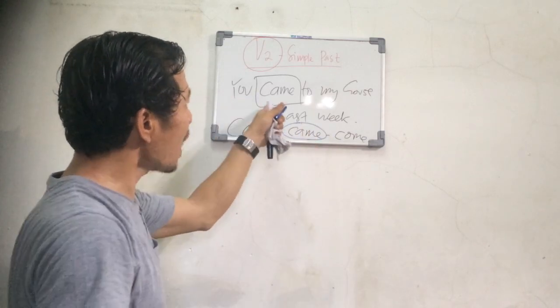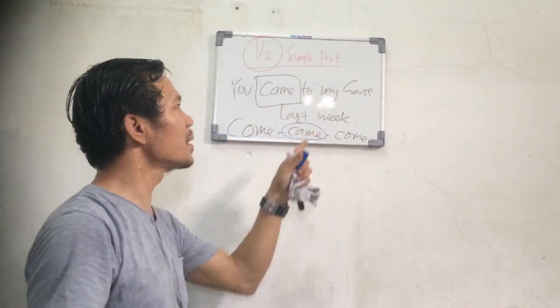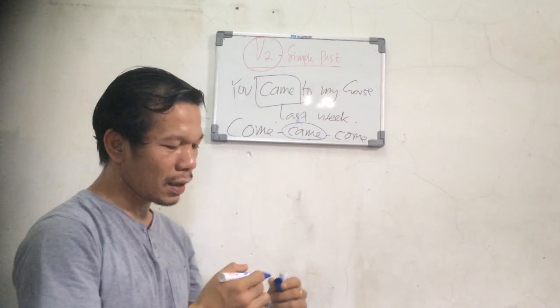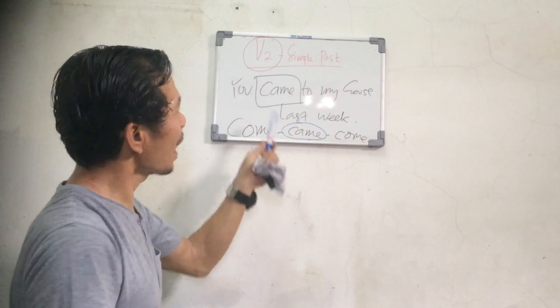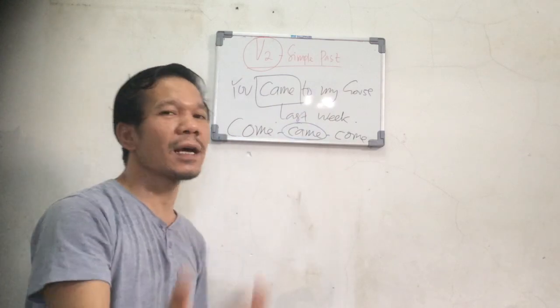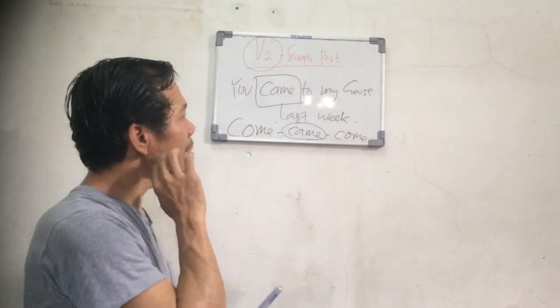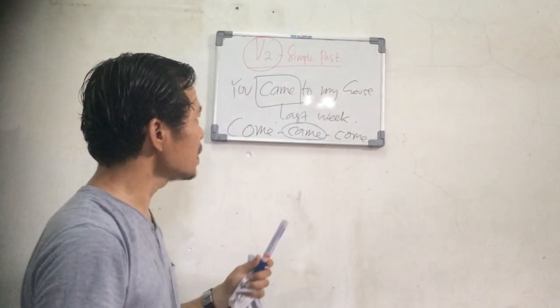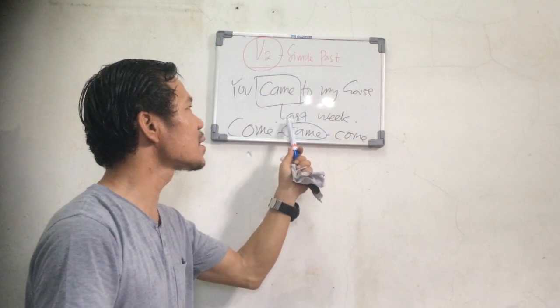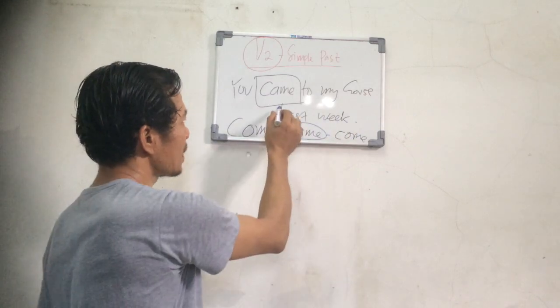"You came to my house last week" means that the action of coming had happened in the past, right? As I told you just now, we have a specific time in the sentence, last week.